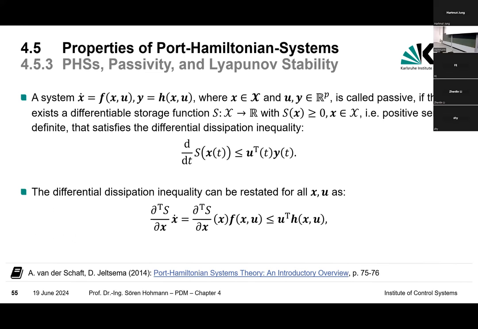And Lyapunov realized, well, perhaps the natural energies of the system are not very well suited for proving that. It is sufficient to show that something which looks like energy reduces over time. That's the basic idea, right? It need not be energy. In many cases, the energy function is not a bad idea.